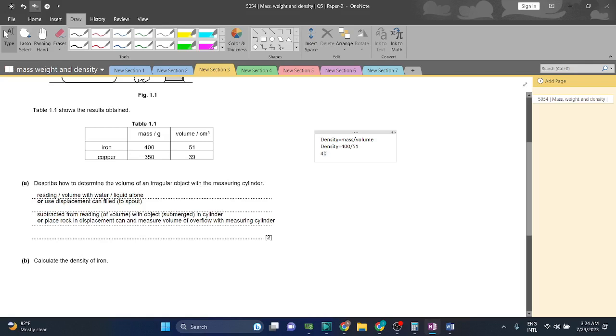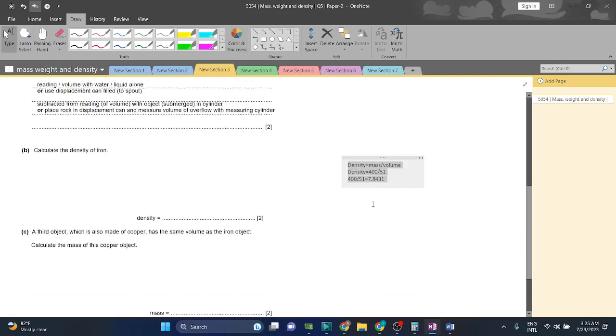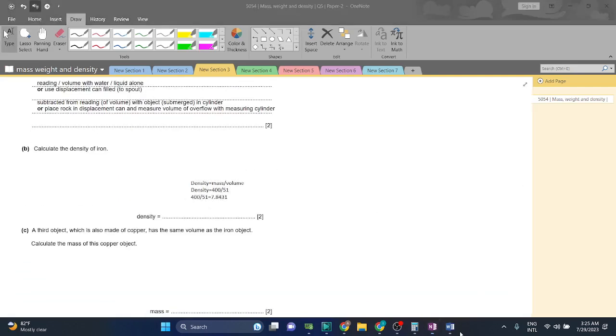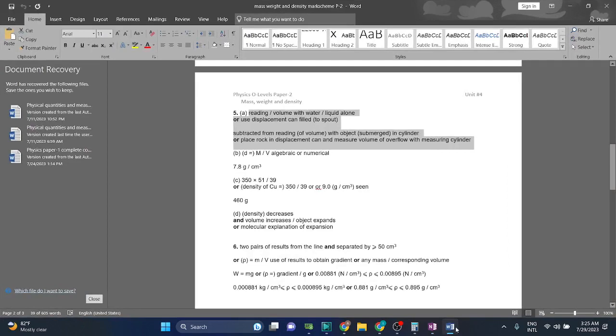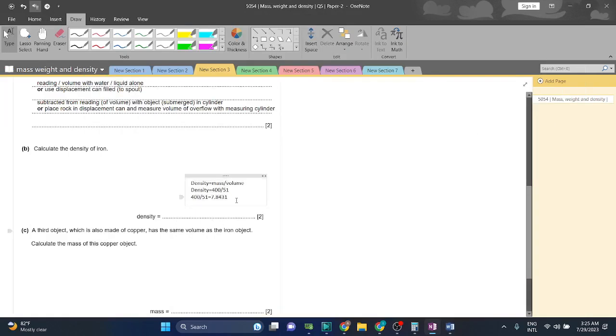So 400 divided by 51 will give us 7.8431. So this will be the density of iron, in grams per cubic centimeter. Very simple.